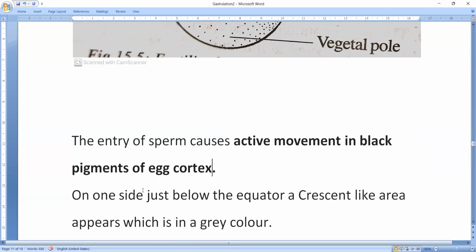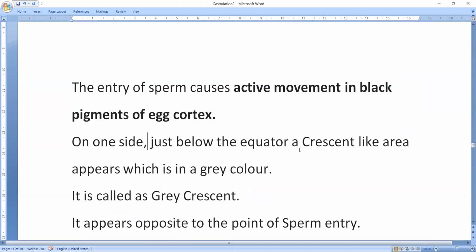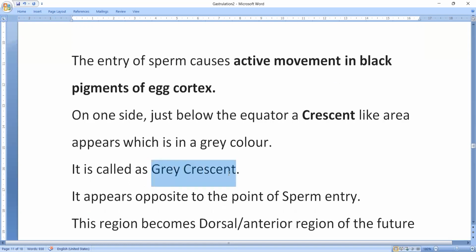On one side, just below the equator, a crescent-like area appears which is gray in color. This gray, half-moon shaped structure is present below the equator, and that is called the gray crescent. Since it is crescent in shape and gray in color, we call it the gray crescent.